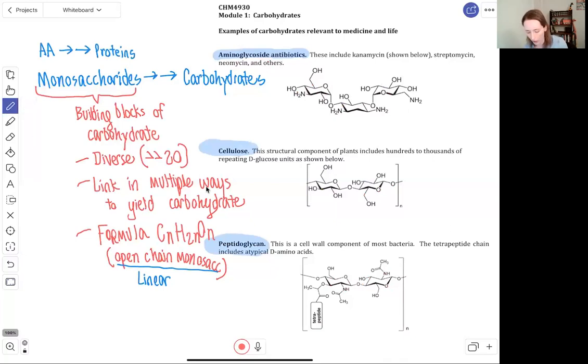So an example would be the open form of D-glucose, represented here, that I'm drawing out. You don't need to memorize the specific structure of D-glucose here, but I'm using it as an example for this particular scenario.